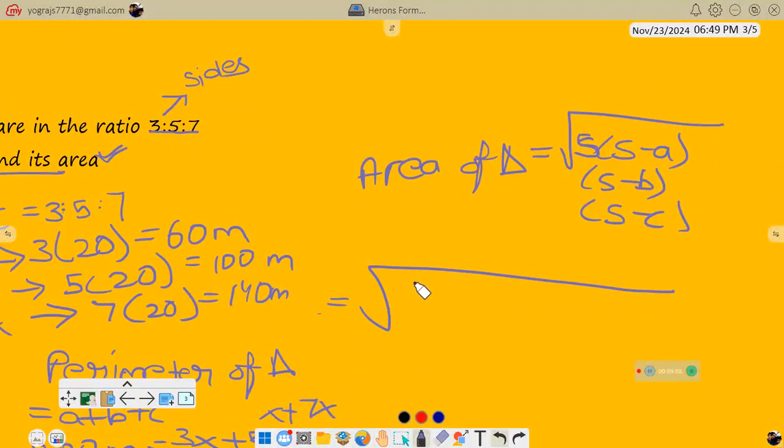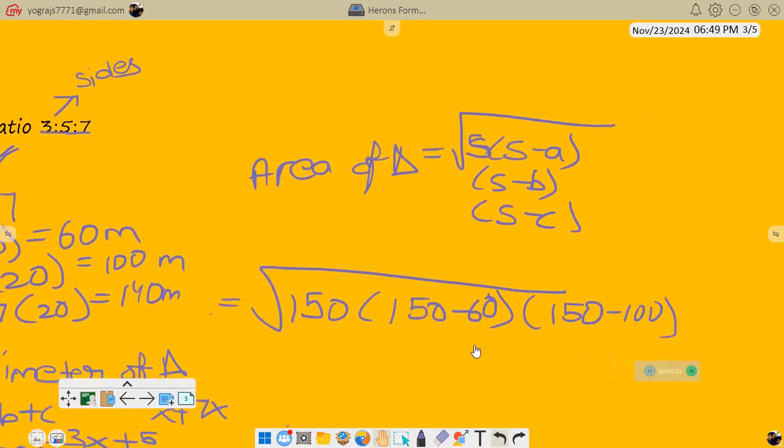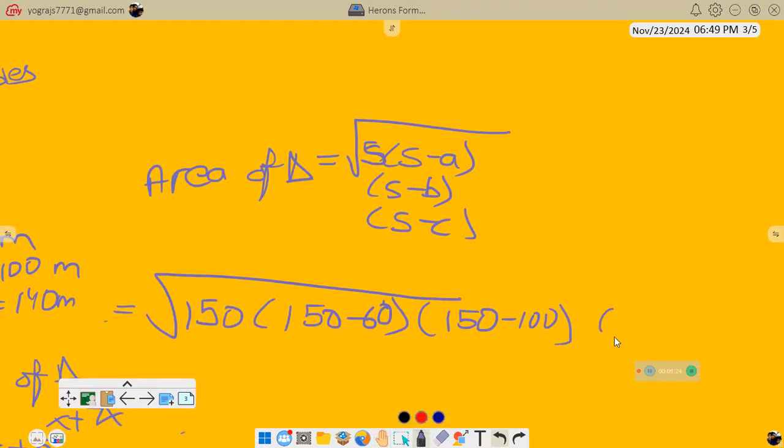Let's substitute this: 150 meters, 150 minus 60, 150 minus 100 and 150 minus 140.